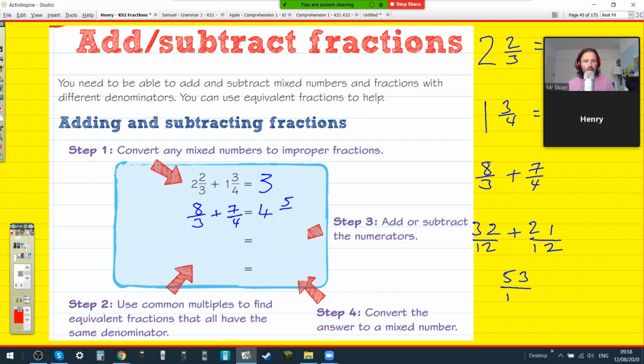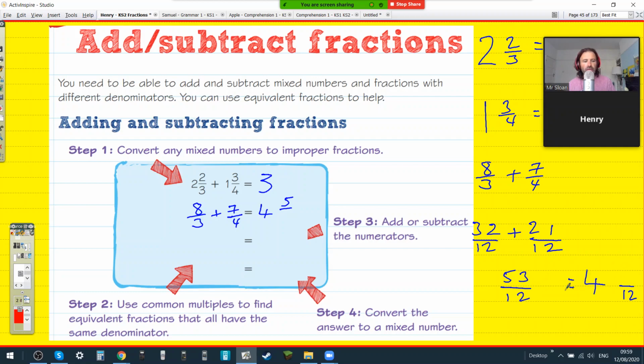And then they gave us the question as mixed numbers, so we'll give them the answer as a mixed number. So the denominator is going to be 12. And how many times does 12 go into 53? 4 as a whole. 12, 24, 36, 48.